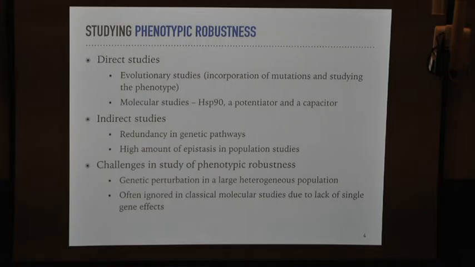It's unlike taking, say, a yeast deletion collection and asking what happens if I delete this gene and look at the phenotype. Because of genetic redundancy, single genes usually do not change too much in terms of phenotypic robustness.